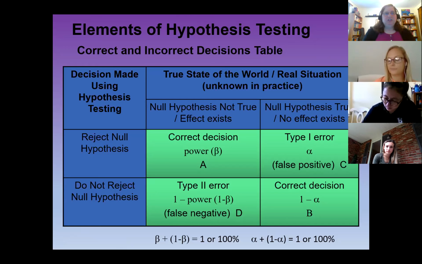Okay. So if there's a real effect, right? There was a difference. There was something important going on. I found that difference. I rejected my null. I made a correct decision. That's called power.